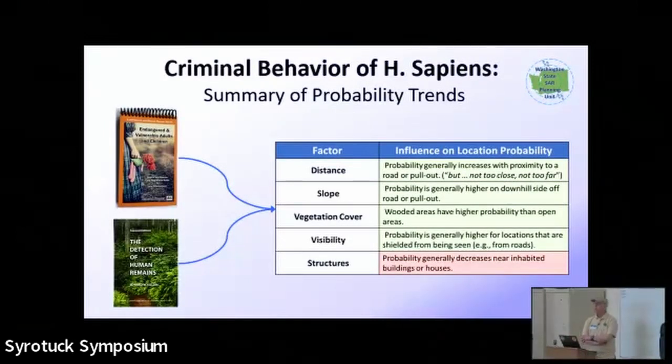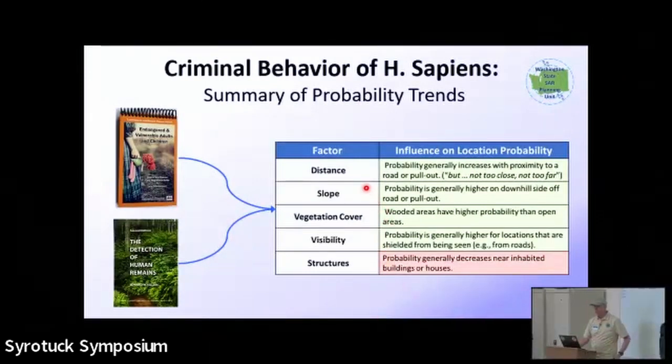So as Eric alluded, an early step is to consider at a qualitative level typical criminal behavior of H. sapiens, okay? And so we can make pretty high-level qualitative statements when thinking about the probability of finding concealed bodies or evidence.